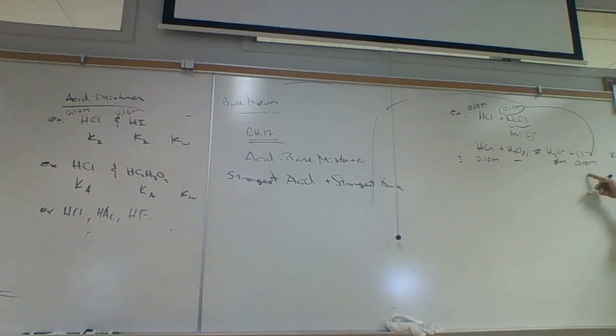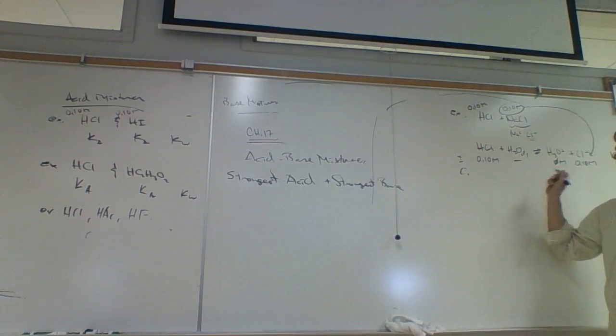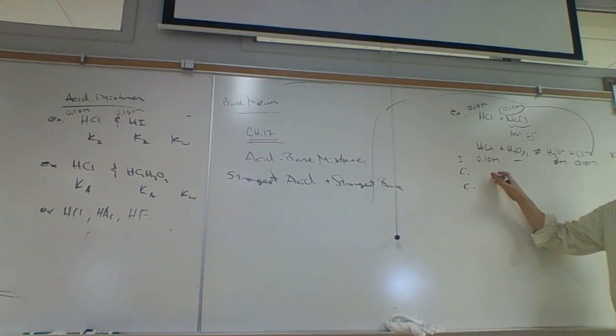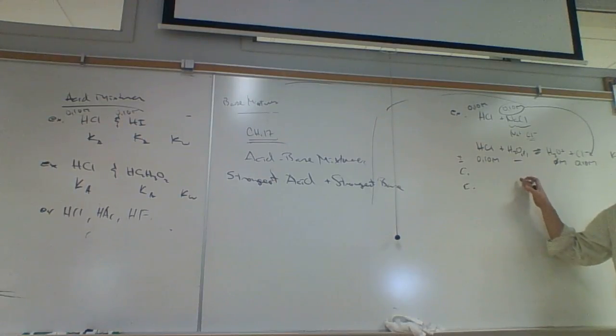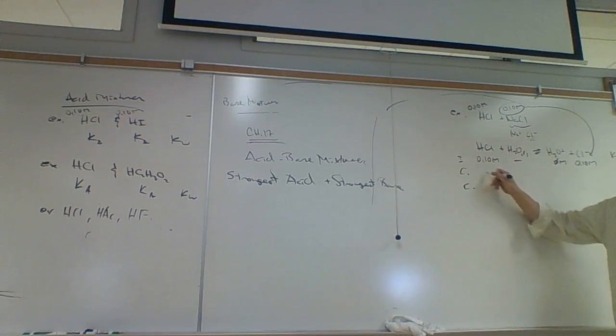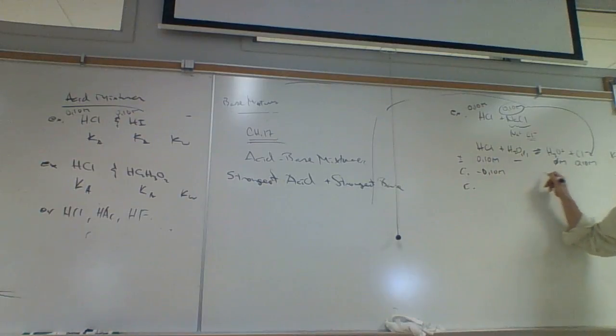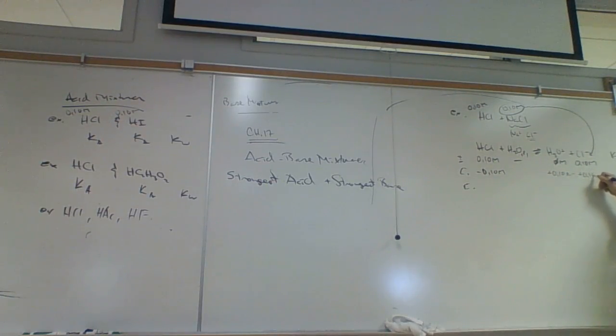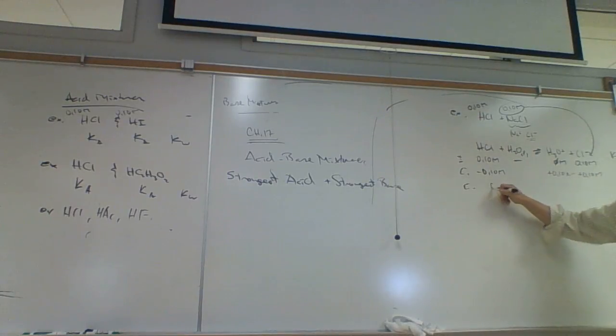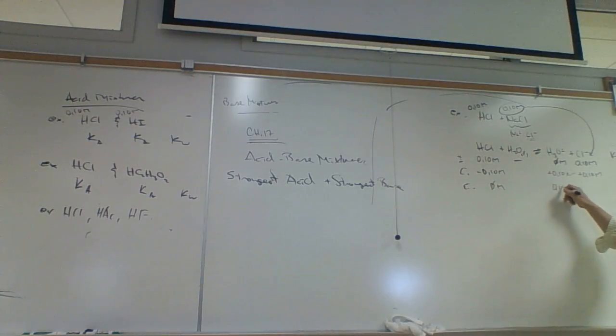And so this is going to have no impact at all. Even though I have that common ion there, I still say this is going to ionize 100%. And so this is going to be minus 0.10 molar, plus 0.10 molar, and plus 0.10 molar. So it's different. And so this is going to be 0, and this is going to be 0.10, and this is going to be 0.20 molar chloride. So that's good.